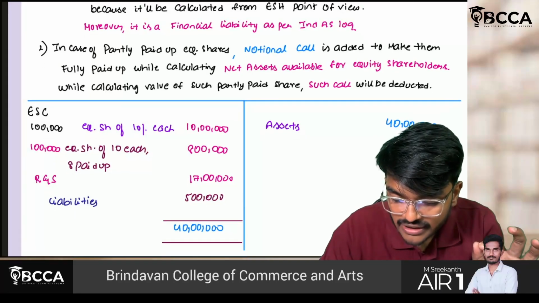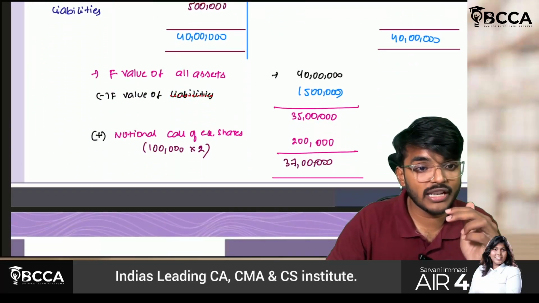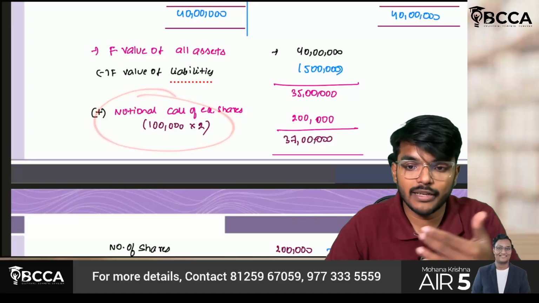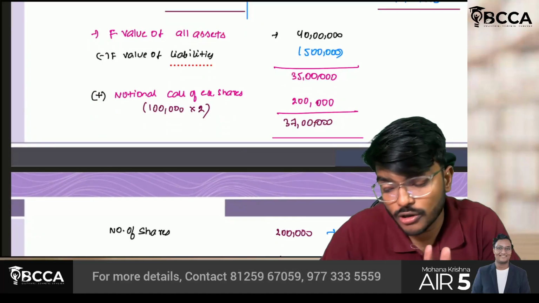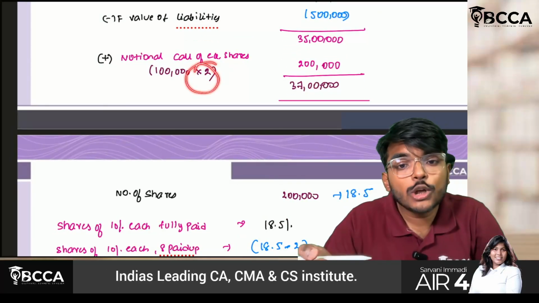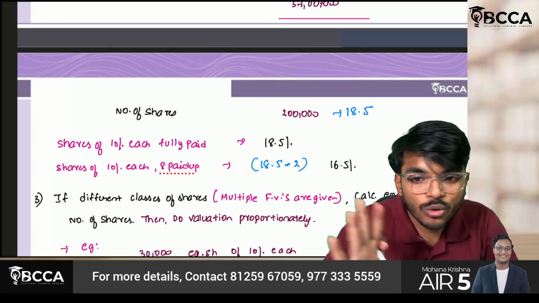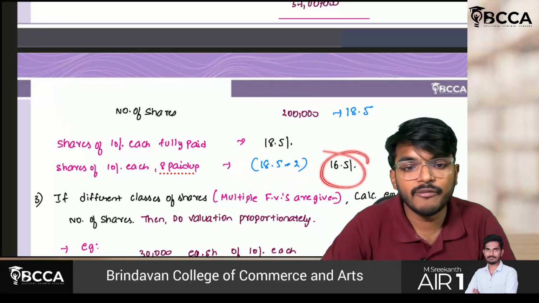The difference between these two persons will be those 2 rupees only. First we have assumed they have paid the 2 rupees, but actually they will not pay, therefore it is notional. Sir, why take 2 rupees from them and now pay 18.5 to them? Rather, don't take the 2 rupees, just pay them 16.5.